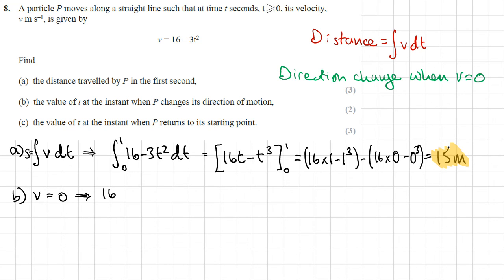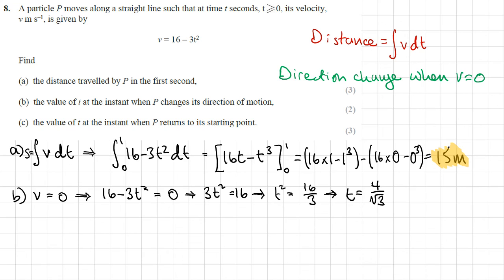That means 16 - 3t² = 0. That means 3t² = 16. t² = 16/3. So that will give me t = 4/√3.